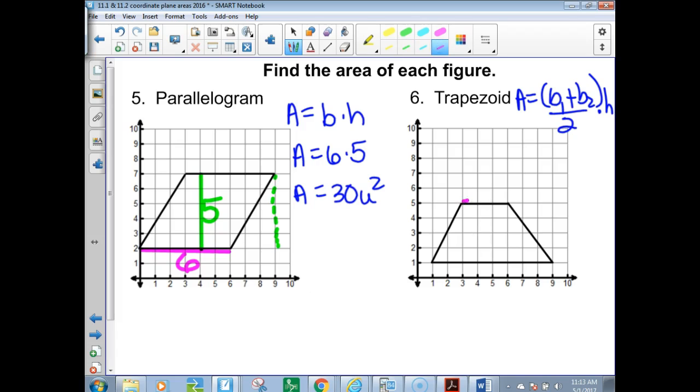The top base is 3. The bottom base is 1 to 9, which would be 8. And the height, anywhere between those bases at a right angle, 4. Highlighters.